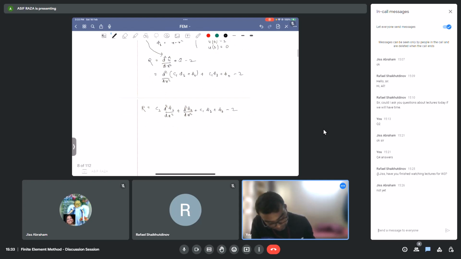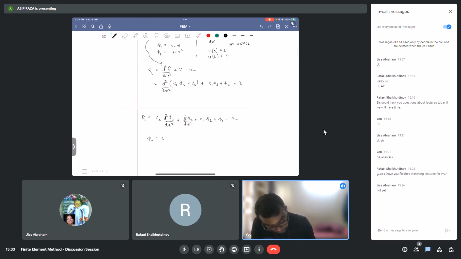We have phi naught as 1 minus x, phi 1 as x minus x square. So d phi naught by dx is equal to minus 1 and d phi 1 by dx is equal to 1 minus 2x.